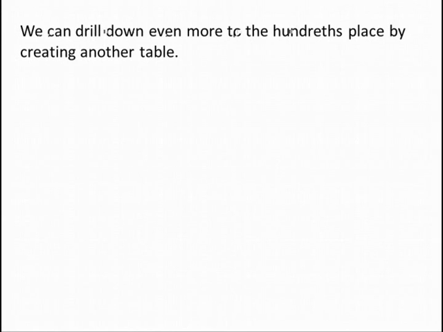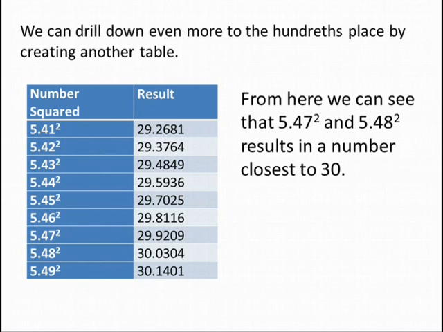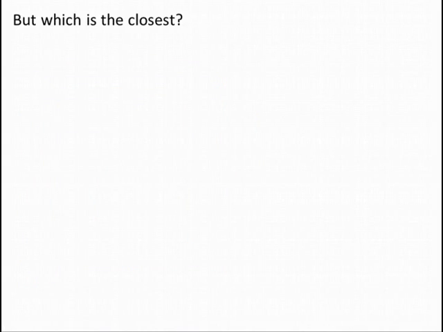We can drill down even more to the 100ths place by creating another table. From here, we can see that 5.47 squared and 5.48 squared result in numbers that are closest to 30. But which is the closest?